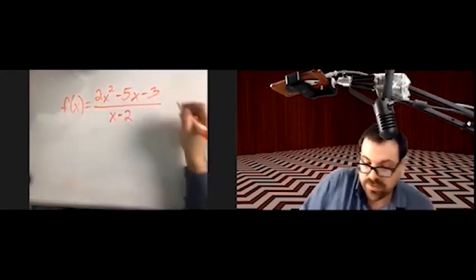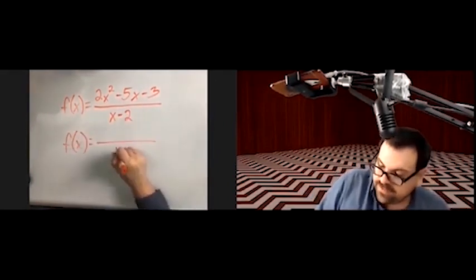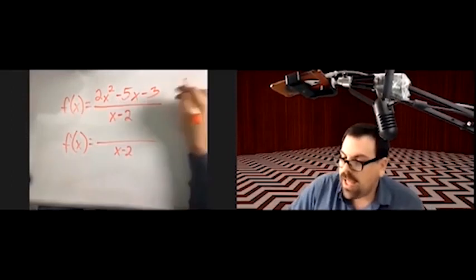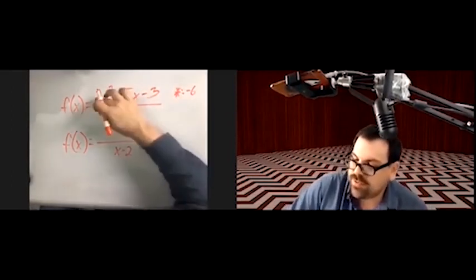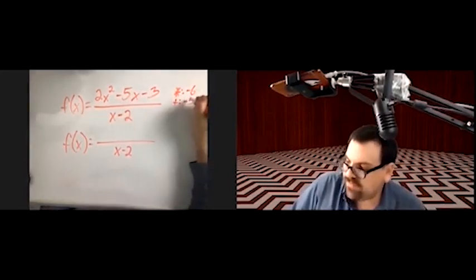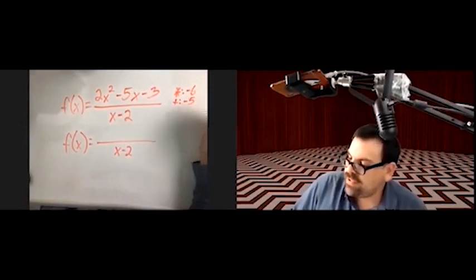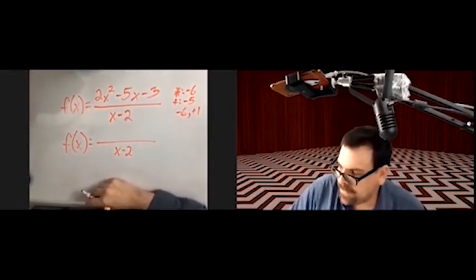So here, if we factored this, I'll do it off to the side. I need numbers that multiply to negative 6, 2 times negative 3, add to negative 5. These numbers are negative 6 and positive 1.